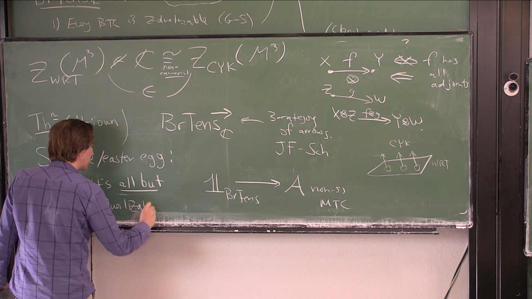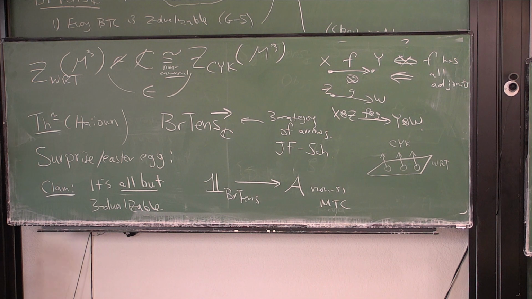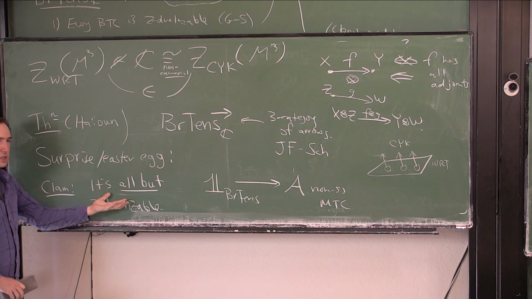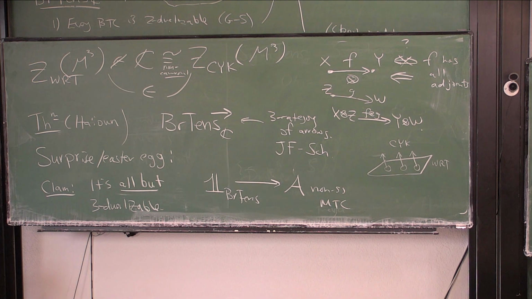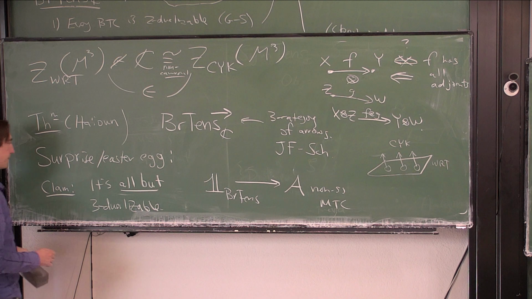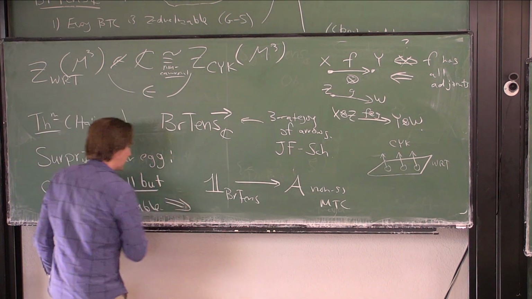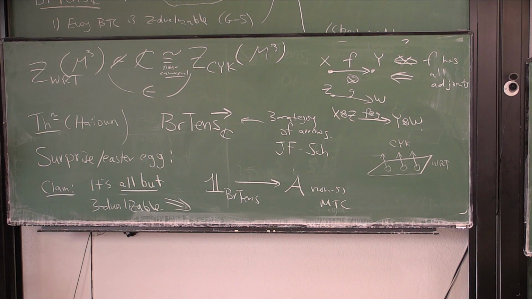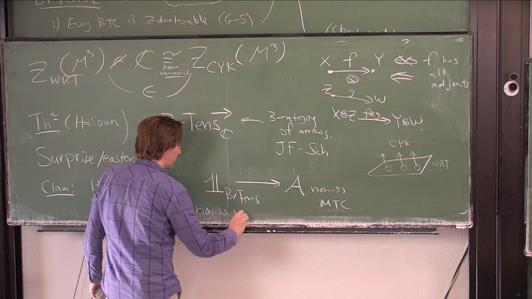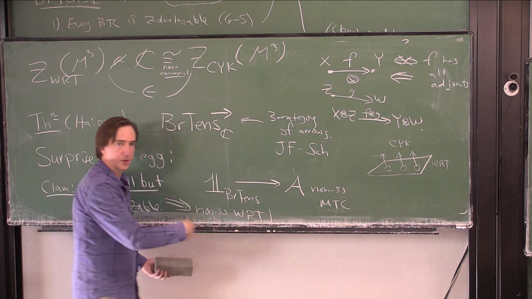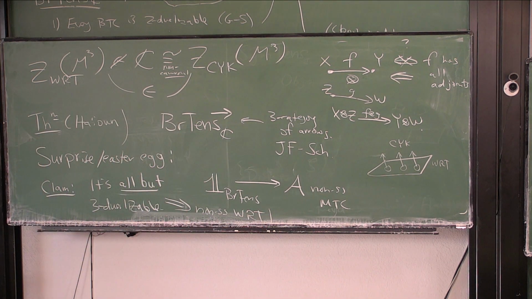I'm coining that phrase too. All but 3-dualizable is sometimes called non-compact theory, which means that you can evaluate this on any 3 manifold you like as long as you delete one point. So you just don't have the 3 handles, but you have everything else. Ben and a few other of us are working on constructing non-semi-simple WRT theories from the ground up using this. What's up there?